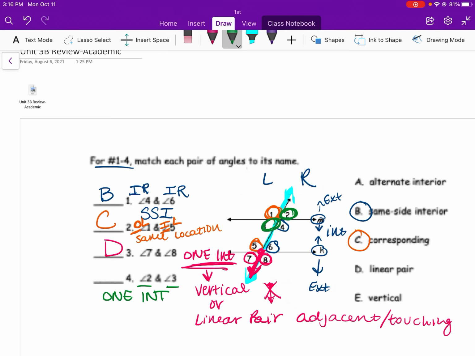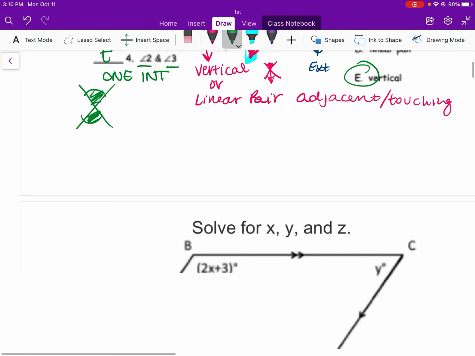However, this time, I notice that they are right across from each other. And so when I see that, I realize it's vertical. So this one's going to be E. Okay. Give you a second to absorb that. And now I'll move on to the next portion.